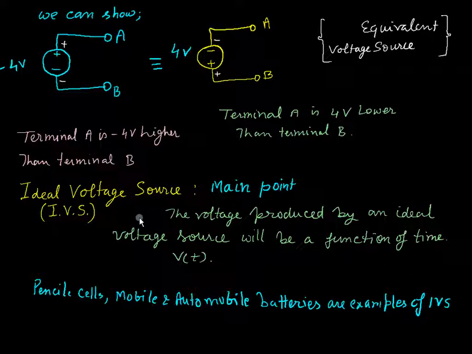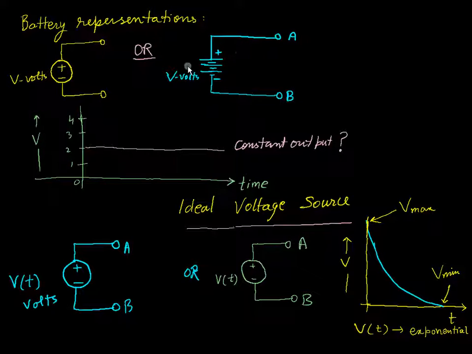Now the second point is the ideal voltage source. The main point to remember here is that the voltage produced by a voltage source will be a function of time. Pencil cells, mobile and automobile batteries are examples of voltage sources. You can see here battery representations.